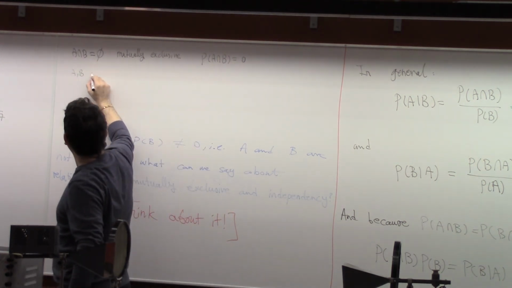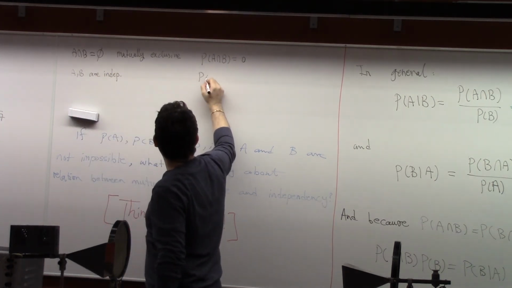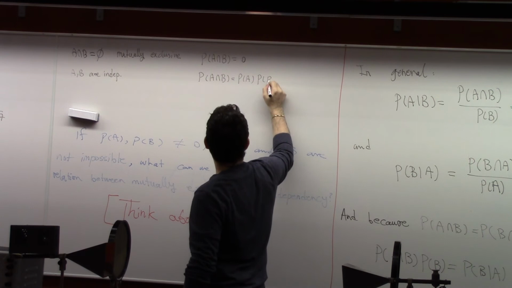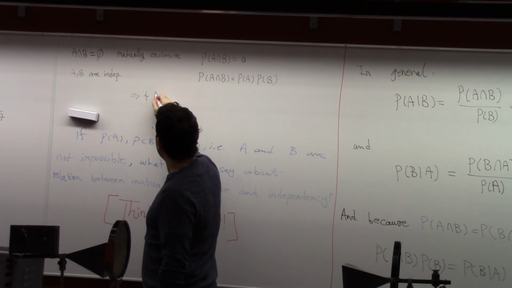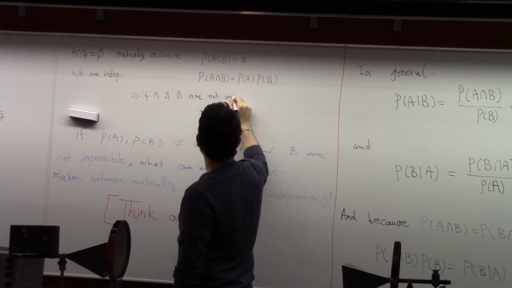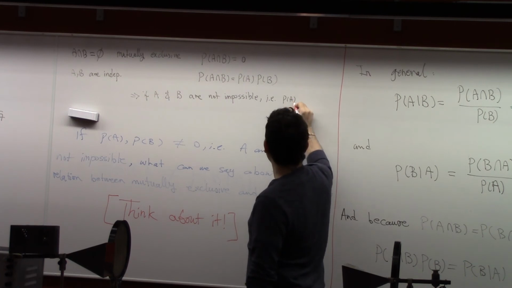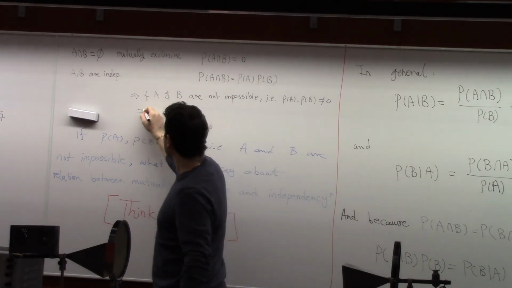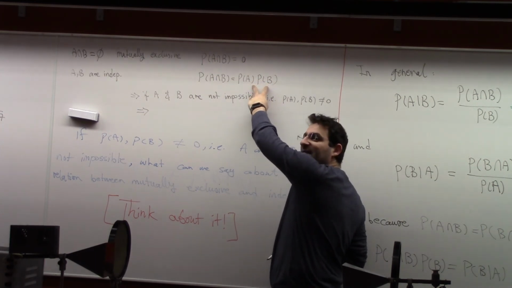If A and B are independent, we know that the probability of A intersected by B is equal to the probability of A multiplied by the probability of B. So we get that if A and B are not impossible, in other words, the probability of A and the probability of B are non-zero, is there any way that this multiplication is 0?